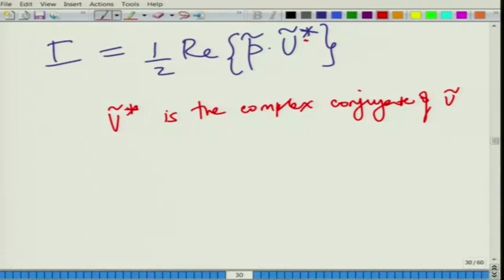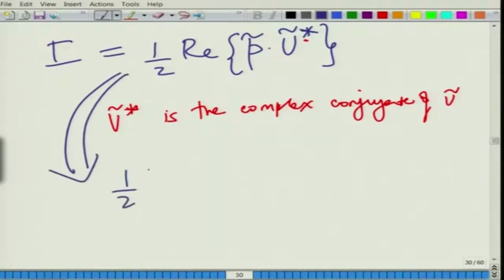Using this expression we can show that this is equivalent to half into the real part of P tilde star times U tilde, and you can keep manipulating to get different expressions.